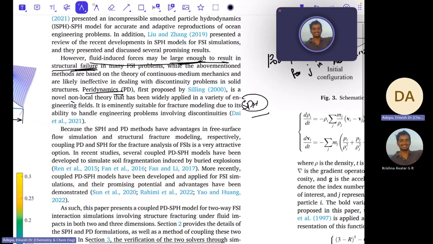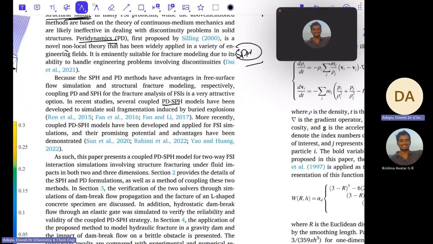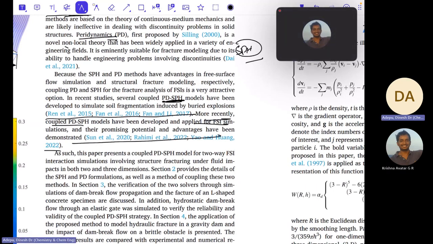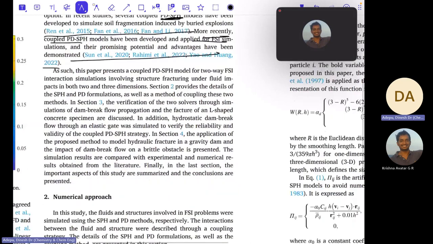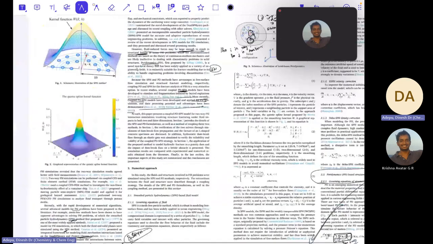Then he says peridynamics SPH models are already there, you can see these papers, and peridynamics SPH papers are applied. But in this work, what are we doing new? I think he added some new correction terms. That's what he says here as well.